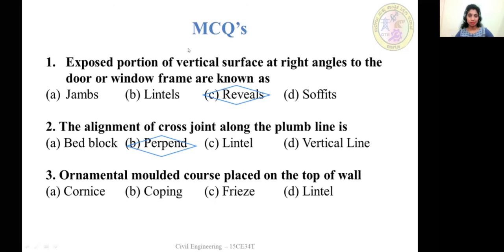It is very easy. Let me give you some time to think. The correct answer is cornice. See, it is the definition of a cornice. Ornamental molded cores placed on the top of the wall.